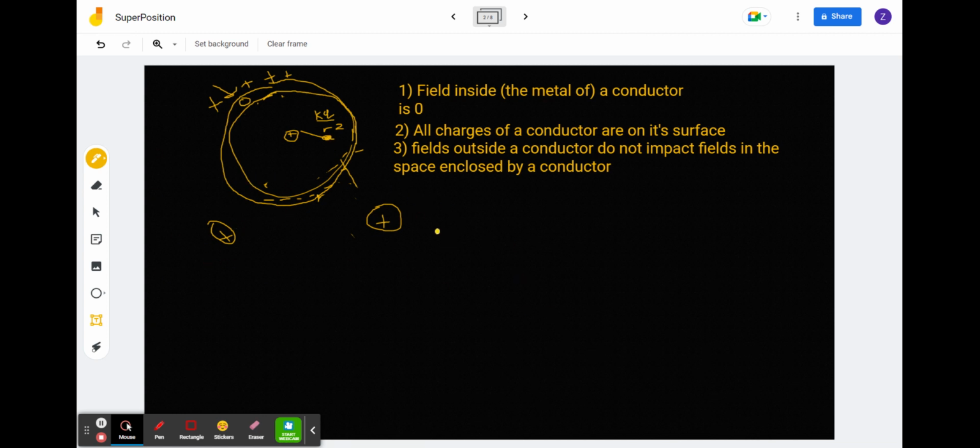So the field here is equivalent to if I just have some charge at a distance away; the field will be the exact same. So the inside is protected by the conductor from the outside.